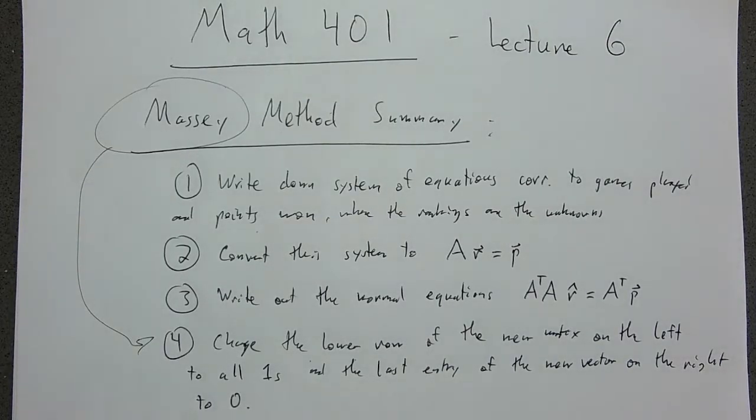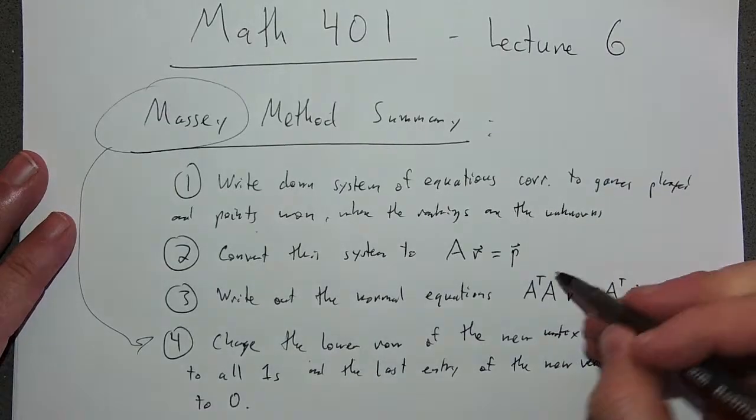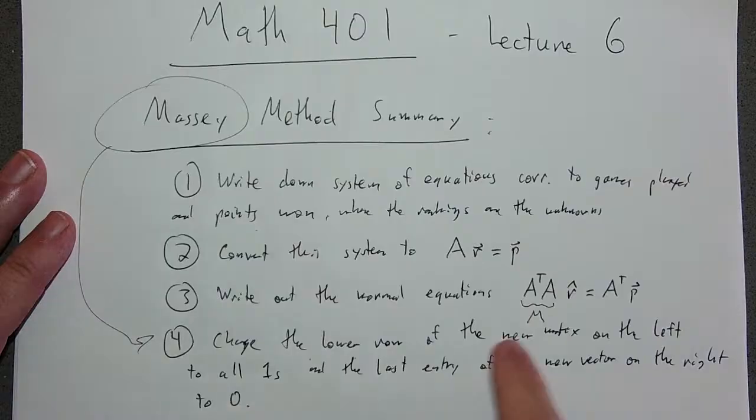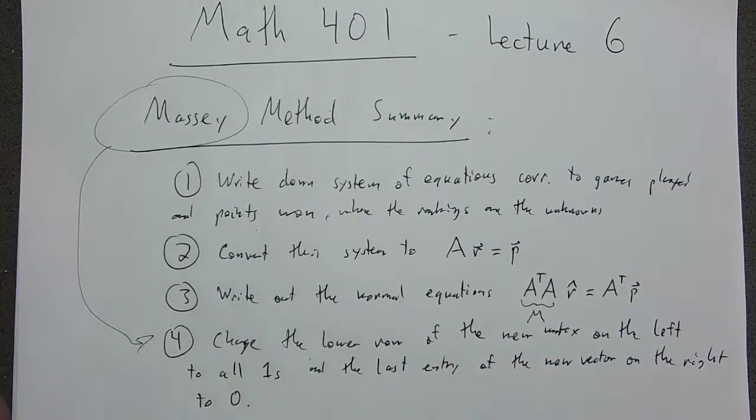And for reasons that I explained in the last lecture, this will guarantee that the thing has a unique solution. The easiest way to see this is the fact about this matrix. We called this matrix M in the last lecture, and we also called it M once we did the change.